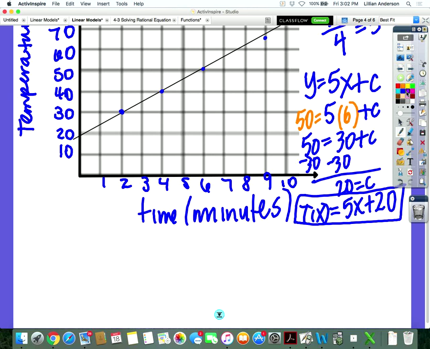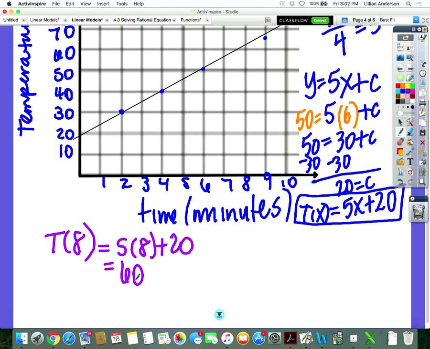It's for X, so that's T of 8. What is the temperature after 8 minutes? 5 times 8 plus 20 equals 60. If you ever had to interpret or describe what that number means, you would say something along the lines of, after 8 minutes, the temperature is 60 degrees Celsius.